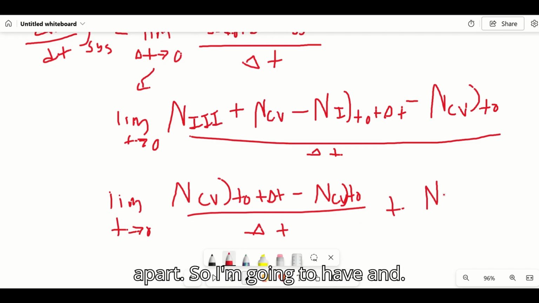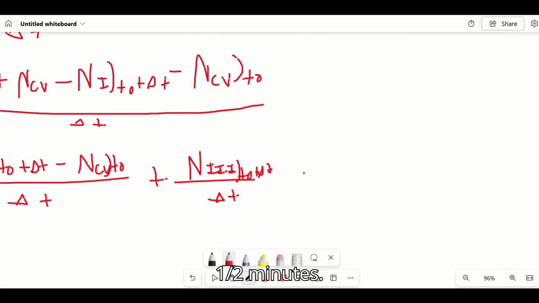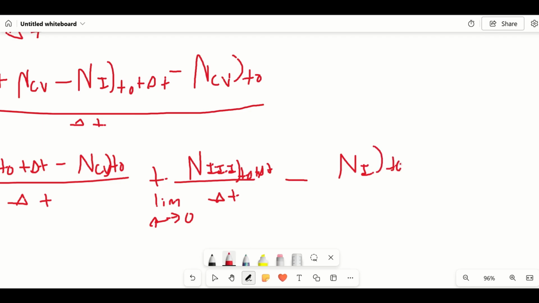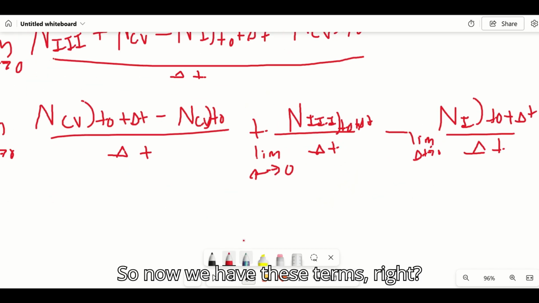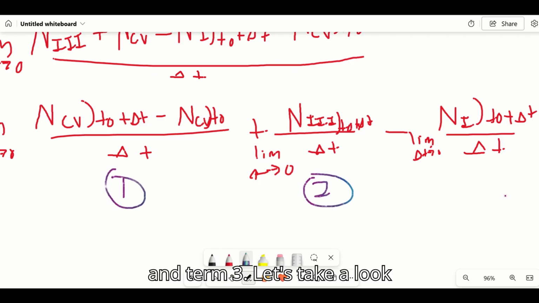So now we'll have N_3, okay, and we're going to have minus the limit as delta t approaches 0 over delta t. Okay, so now we have these terms, right? Term 1, term 2, and term 3.